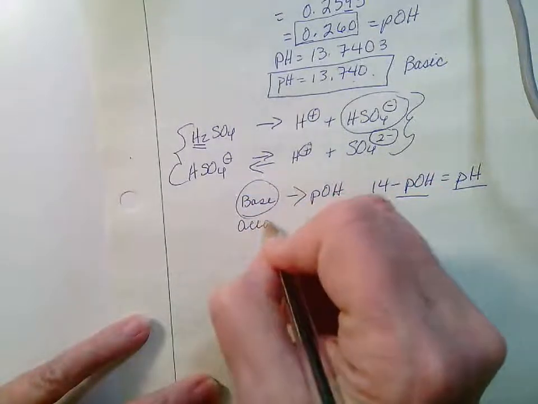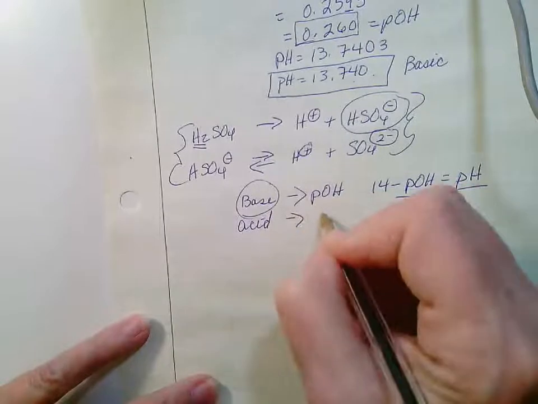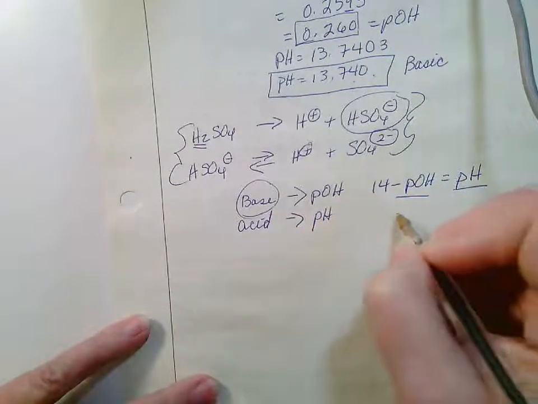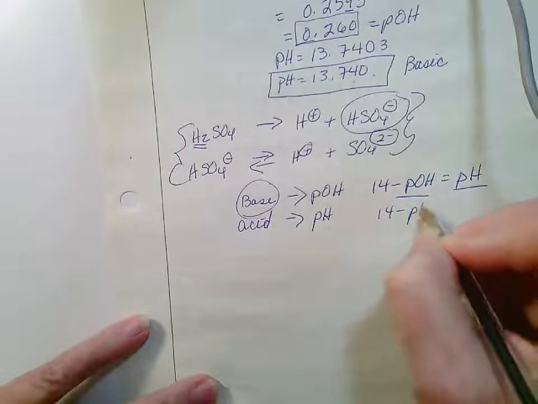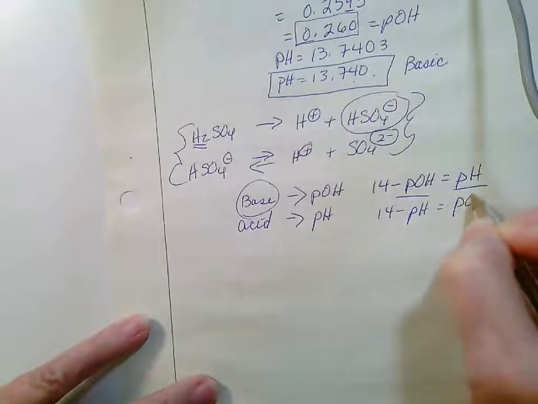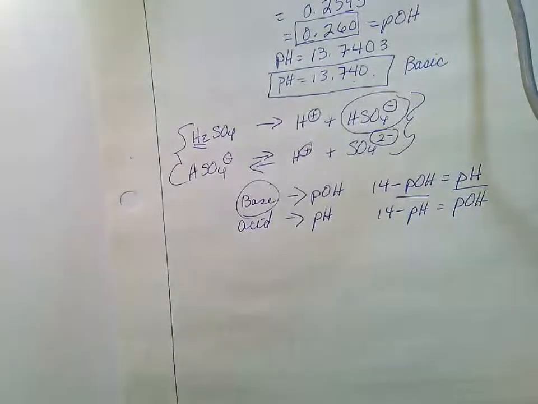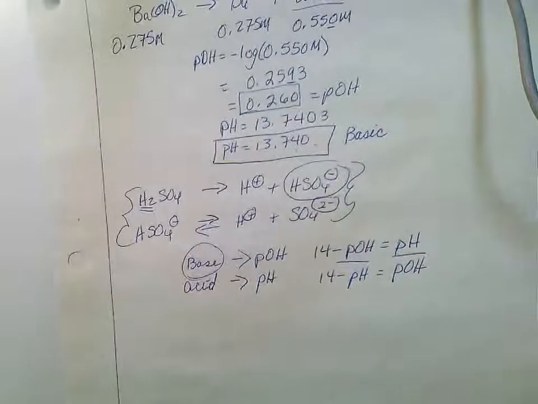If you have an acid, you're going to get the pH, and then you would take 14 minus the pH to get the pOH. I think that's pretty straightforward. And I think this covers everything that you need to know in this unit, in this worksheet. So hopefully this will help.